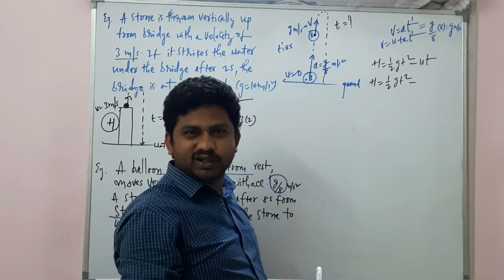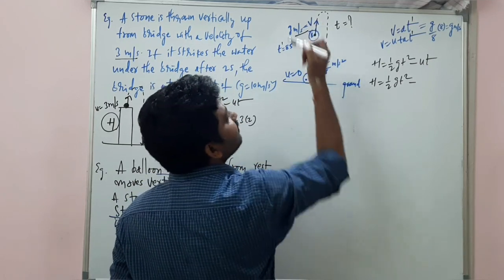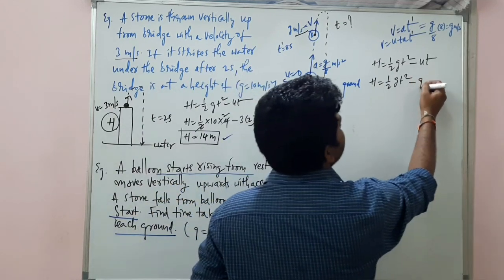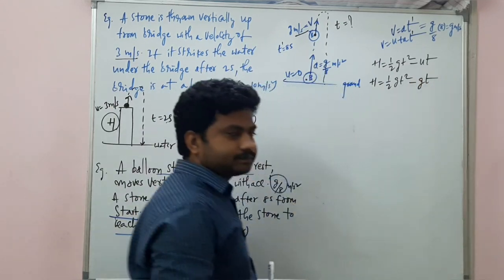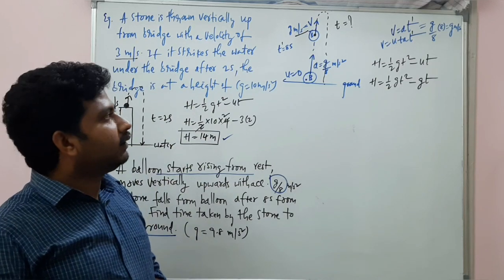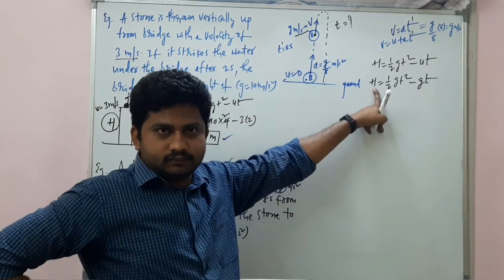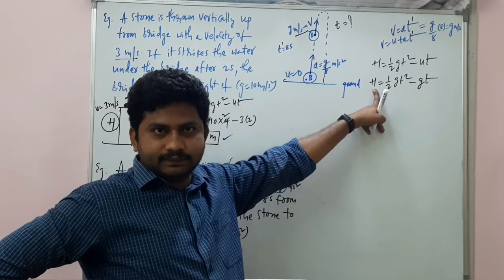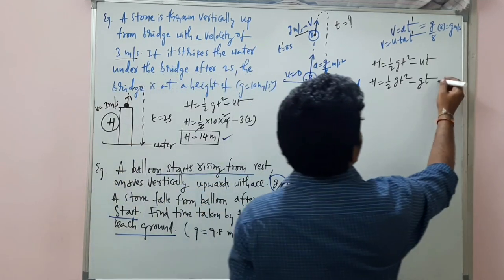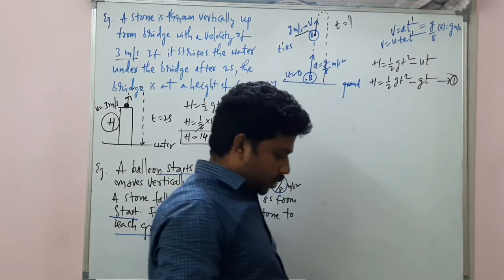It is similar to the thrown case only. So what is that? g meters per second. So u is g meters per second. So you need to find this t, but this h is unknown here. How to find this? Let's name this equation as 1.